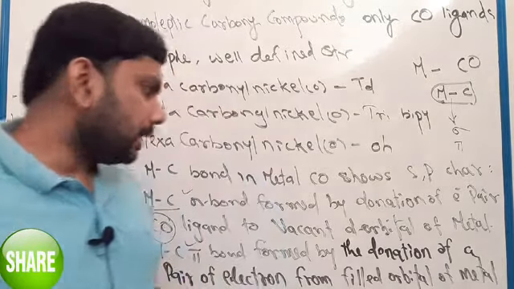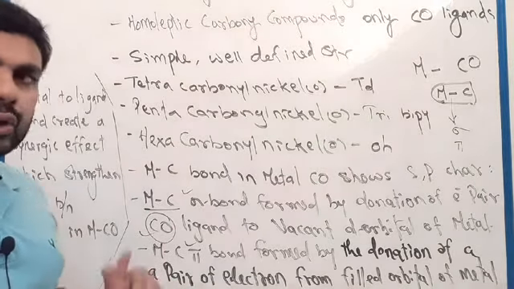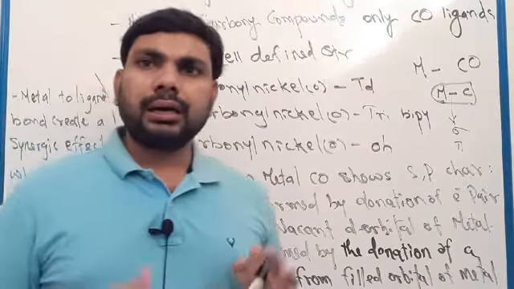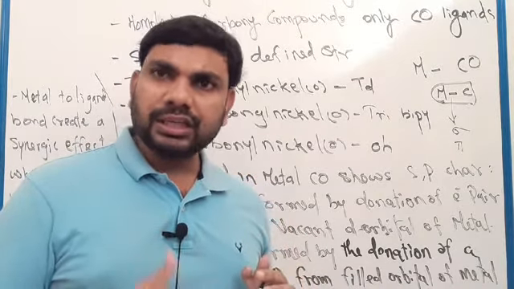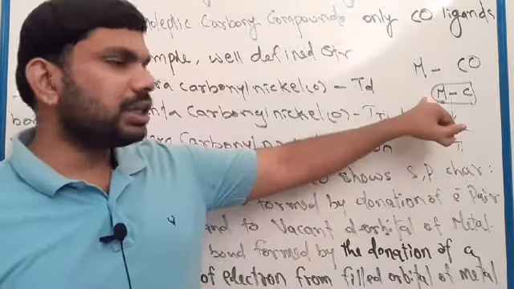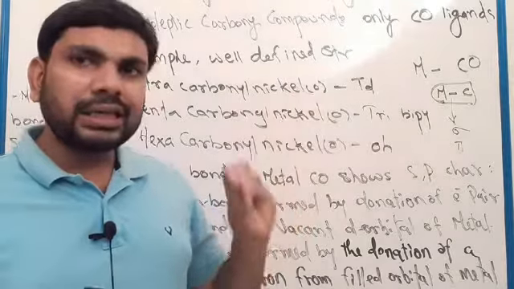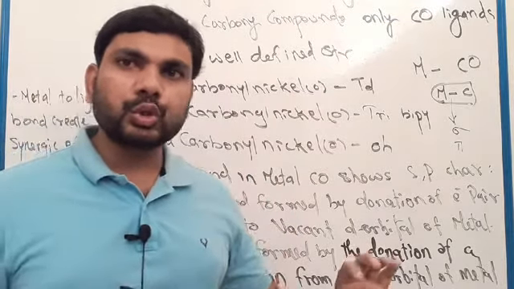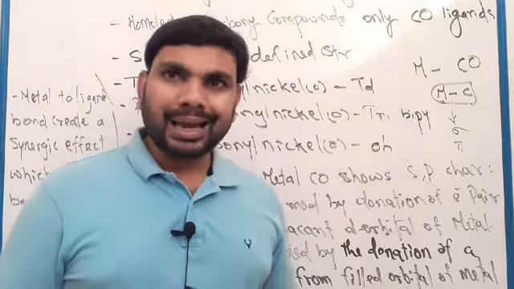And look here at how the pi bond is formed. The metal contains filled d orbitals, and this filled d electron will donate into the anti-bonding orbital of the carbonyl group.